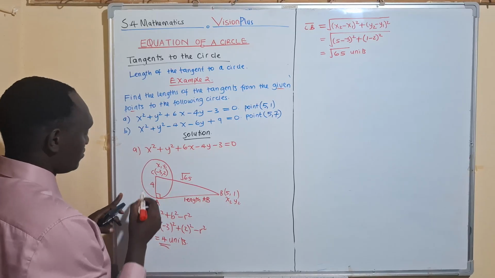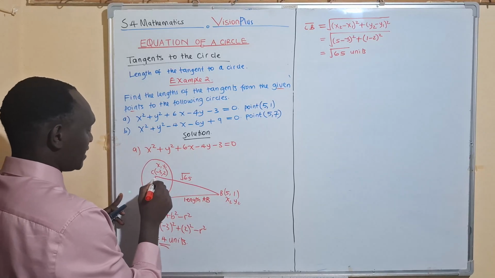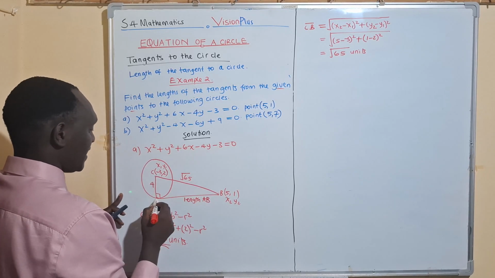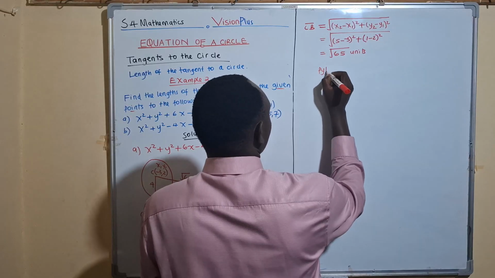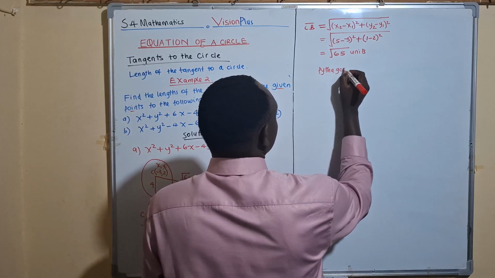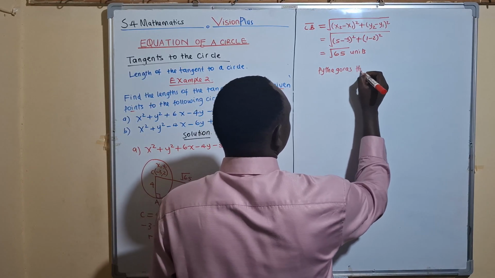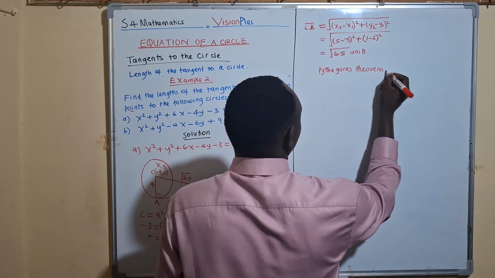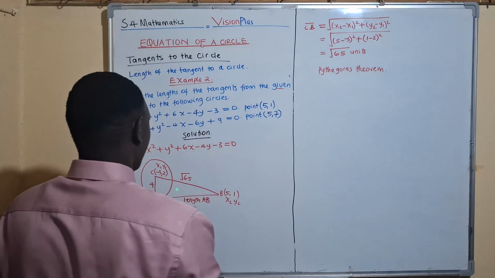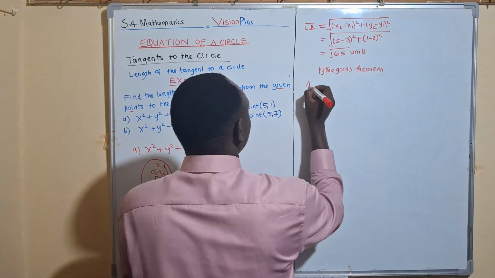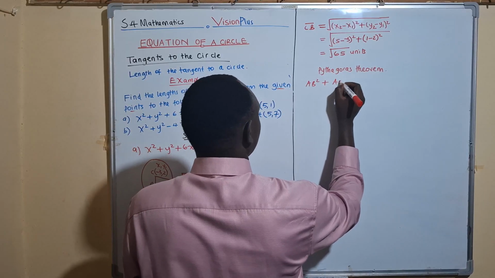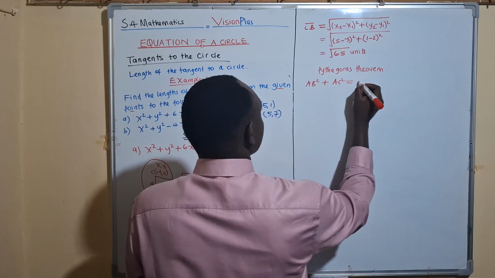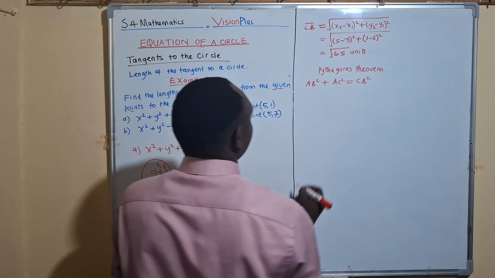So since we know the length CA and the length CB, we can find the length AB from Pythagoras theorem. So applying Pythagoras theorem, we shall say AB squared plus AC squared equals CB squared.